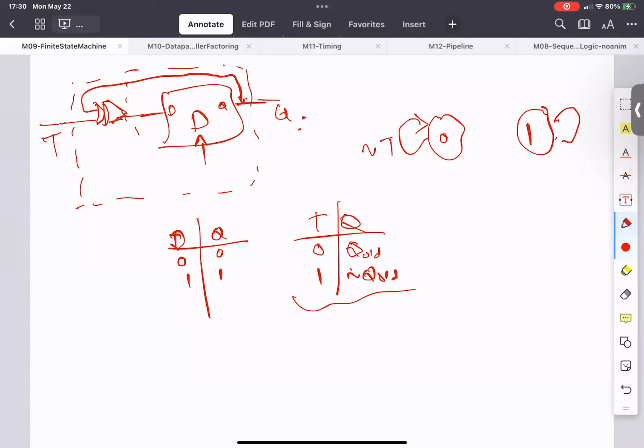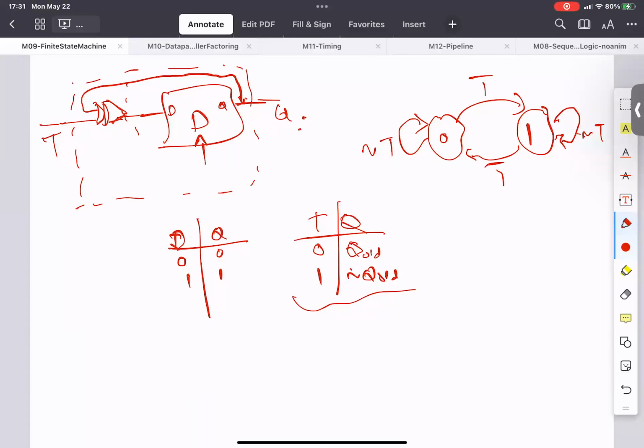If I'm in state 1 and T is 0, I stay put. And otherwise, I transition. Then you can follow the methodology that I'd given previously, which was using D flip-flop, to implement a T flip-flop. So these flip-flops themselves are just finite state machines, and I can express it this way.